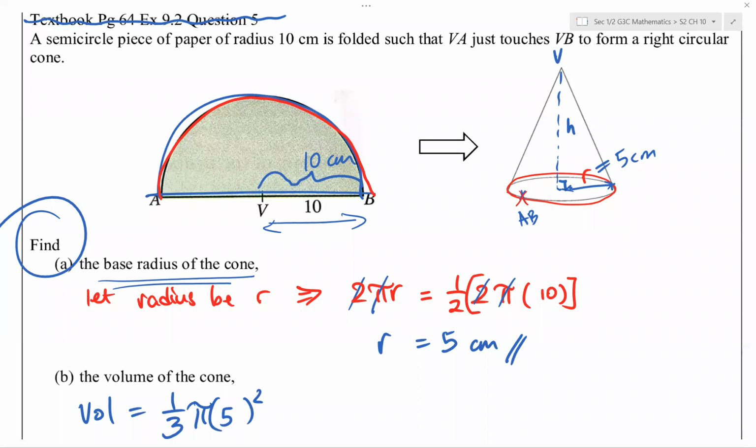Jermaine, how to find that value of H? Or do you need help? Okay, help. With that dotted line, what shape do you see?